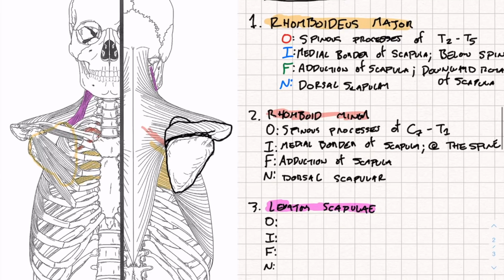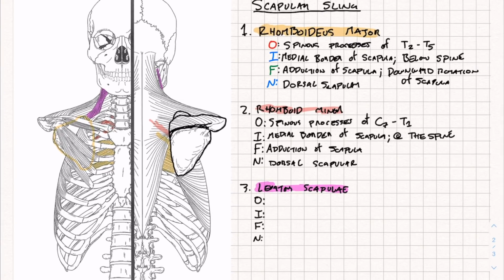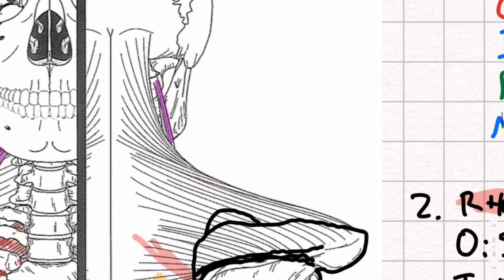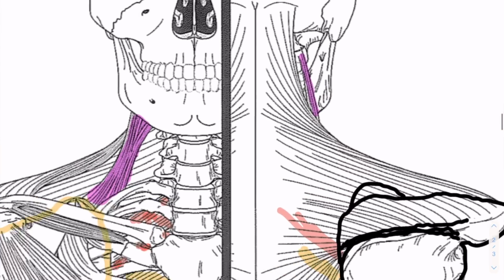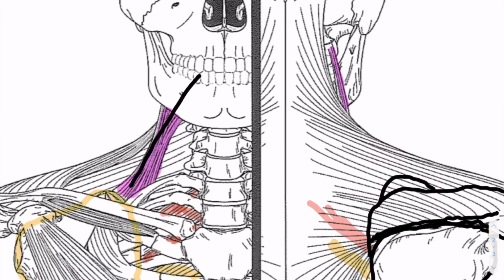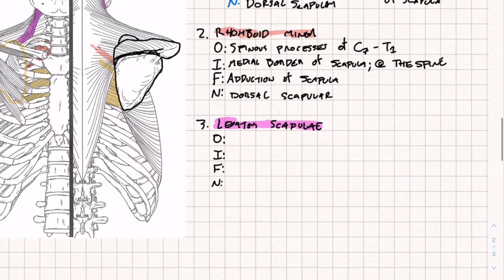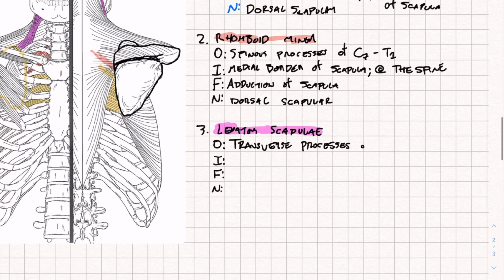Okay, so its origin, this is actually coming down from the neck. So you can see there's an origin right here, and you can see it's headed up towards that neck this way. The origin of this is actually the transverse processes of C1 to C4.